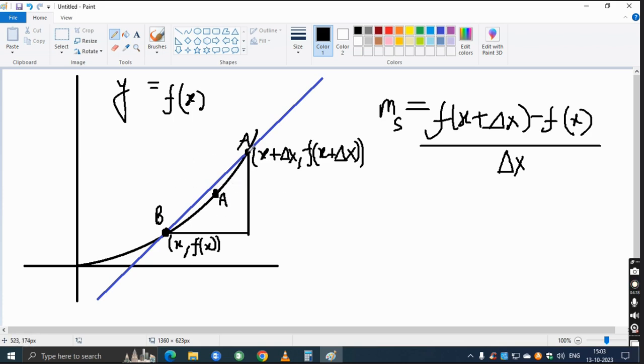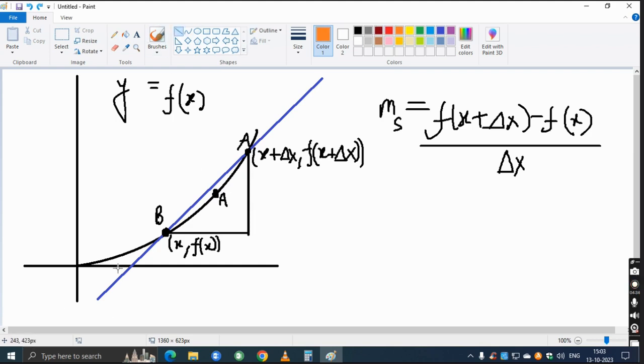It's the same point A. I've brought it closer to B. Now remember, this distance was delta x, so I've reduced delta x a little bit.